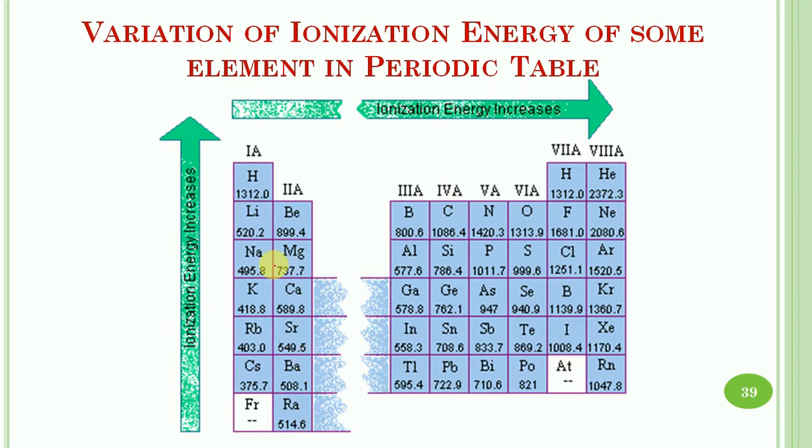So it is all about the variation of ionization energy of some elements in the periodic table. Here s orbitals and p orbitals have been shown. The ionization energy will increase as we move left to right in the periodic table, and it will decrease as we move from top to bottom.